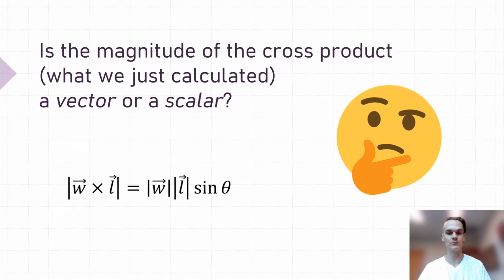What we've found is the magnitude of the vector outputted by the cross product. What we need to define a vector is magnitude and direction. So we found the magnitude. The next step is figuring out the direction of the vector outputted by the cross product.